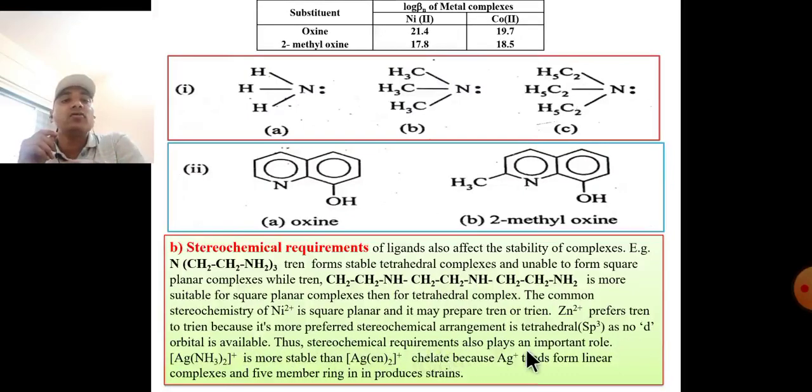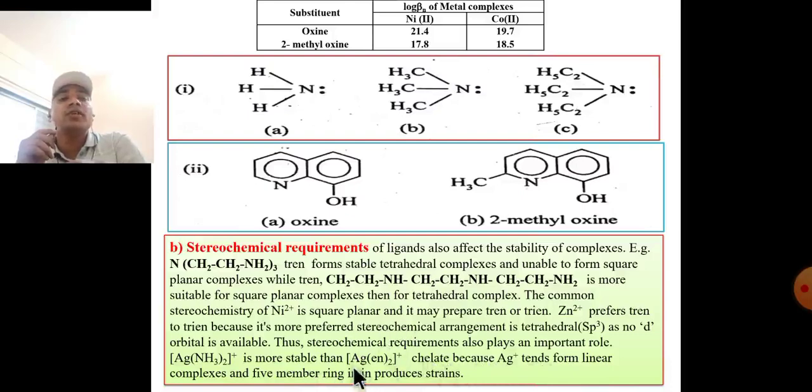Thus, stereochemical requirement also plays an important role for Ag. Diammine silver is more stable than the ethylenediamine silver complex because Ag tends to form linear complexes and the 5-membered ring.